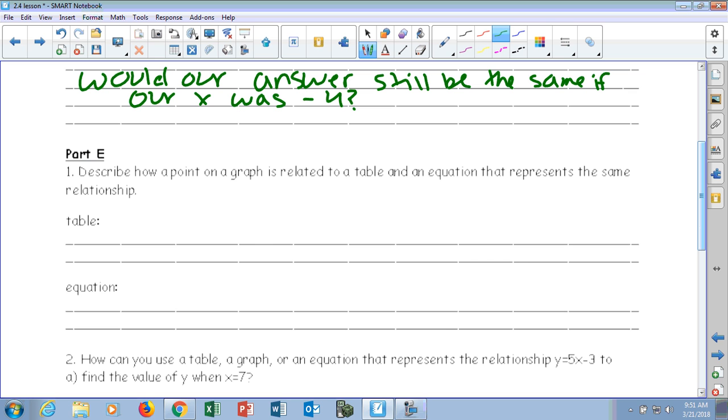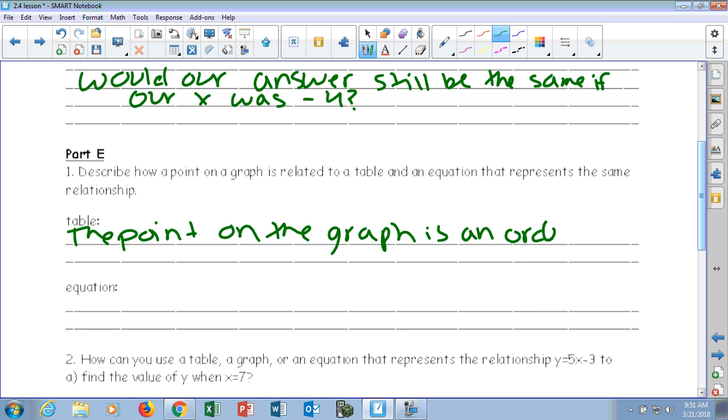What these are called in your graph is that the point on the graph is an ordered pair, Lily. An ordered pair is what our x comma y is. That's what we call that.